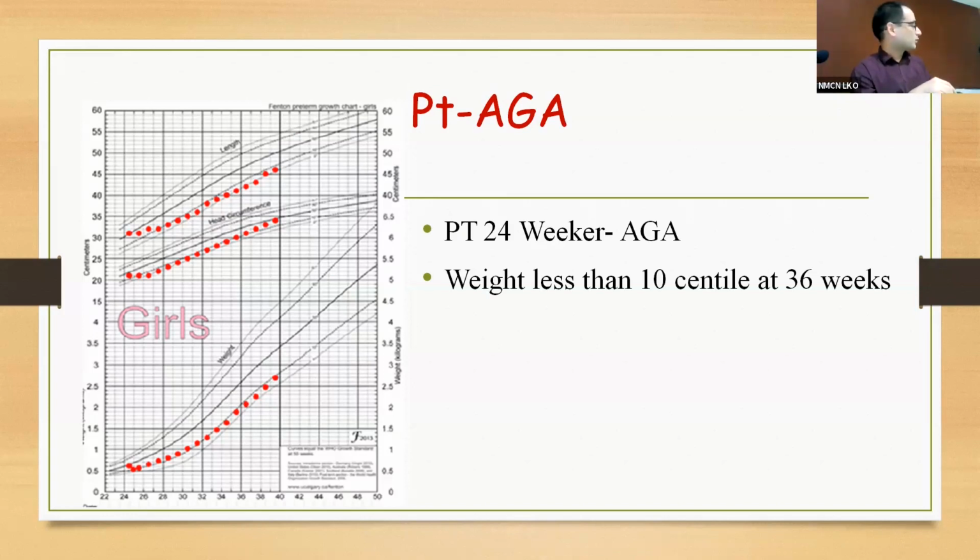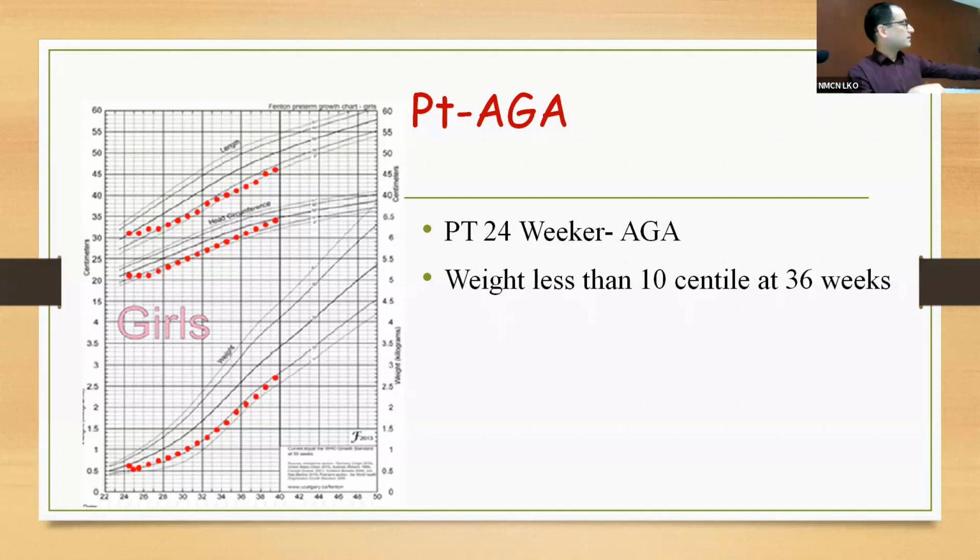So let's go one by one. So this is a 25 weeker. He was born with a weight roughly around the 50th centile, and same is true for the head circumference and length. So what is abnormal in this baby, if we go by definition, is that at 36 weeks his weight is less than the 10th centile.